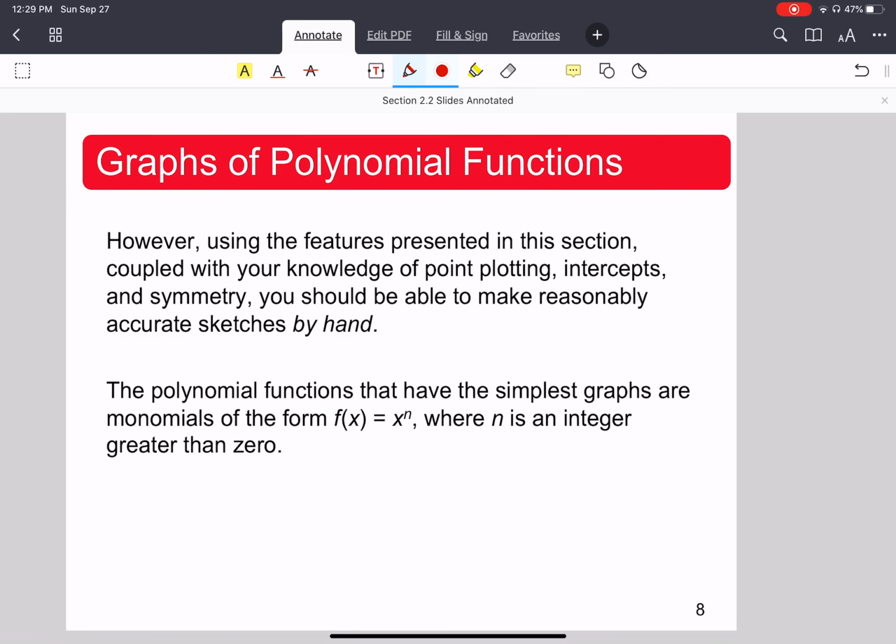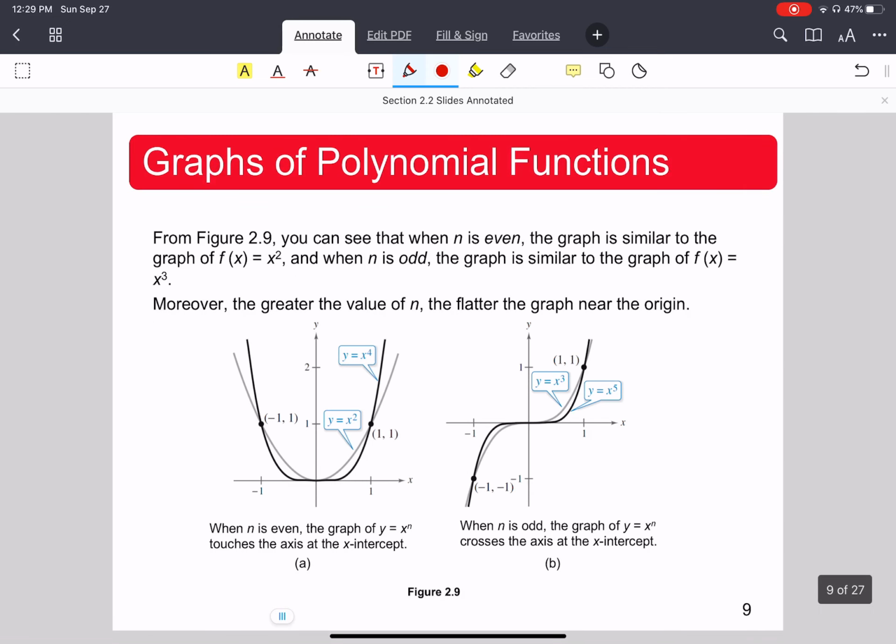All right, we're going to move on to our next concept. We're going to take a look at some examples of functions. On the left graph, you're given x squared and x to the 4th. On the right-hand side, you have x cubed and x to the 5th.